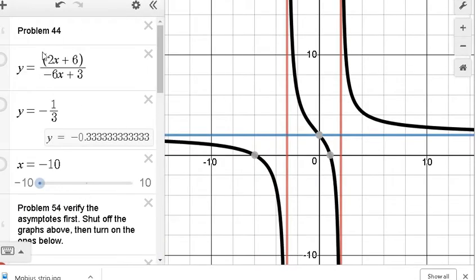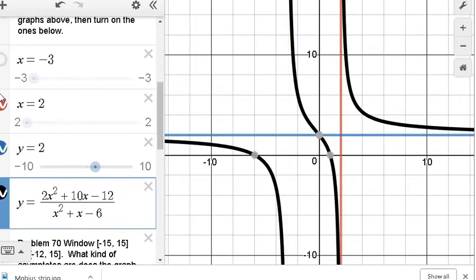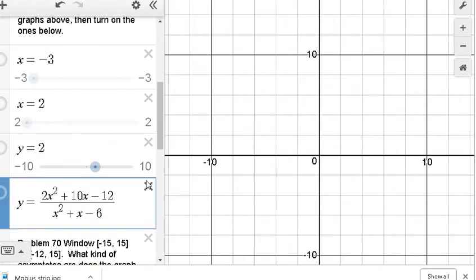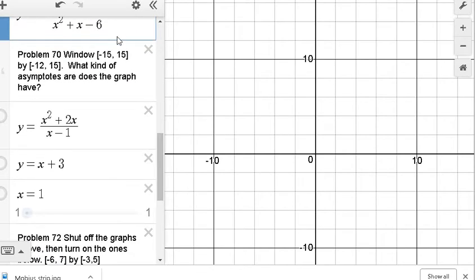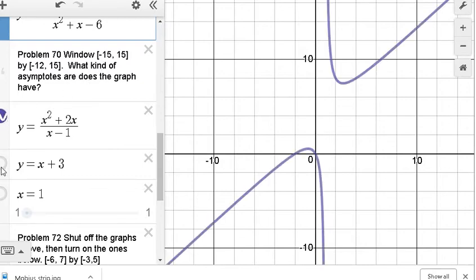So let's get rid of this one, these, hasta la vista. And I think my viewing window should be pretty good for this one. But I put suggestions in these things. When I sent out the link to you yesterday night, I had a suggestion for the windows here. Here's your graph. Here's your vertical asymptote.